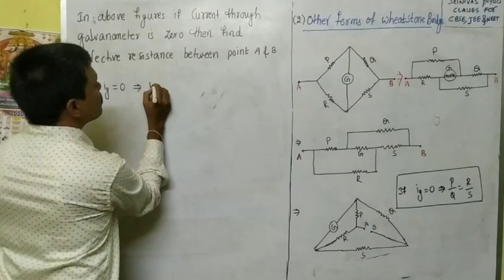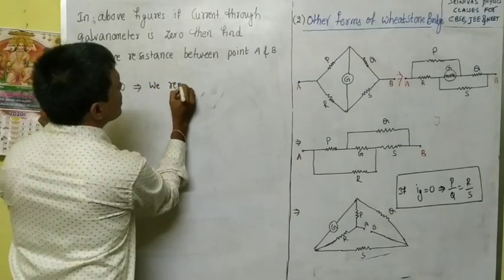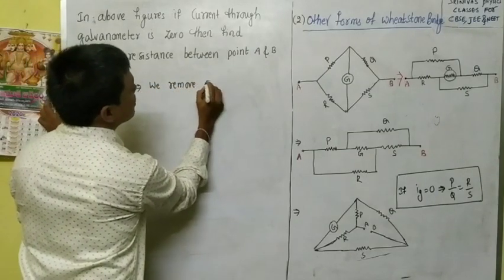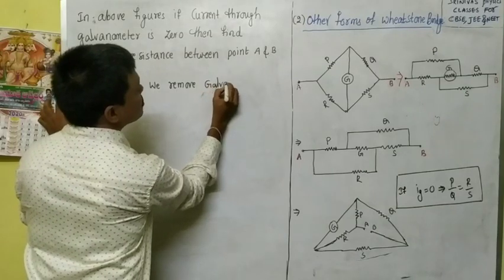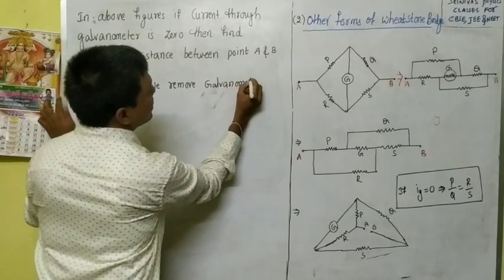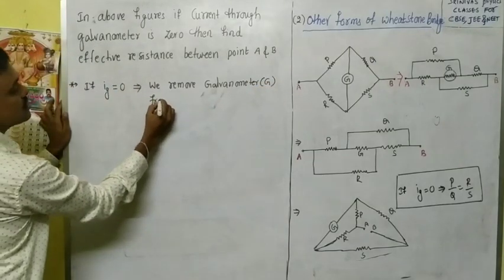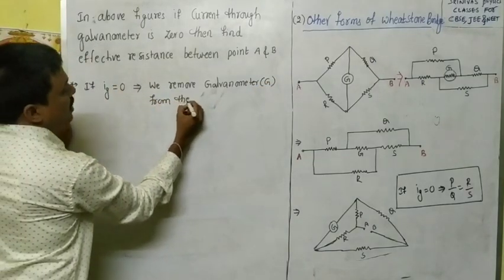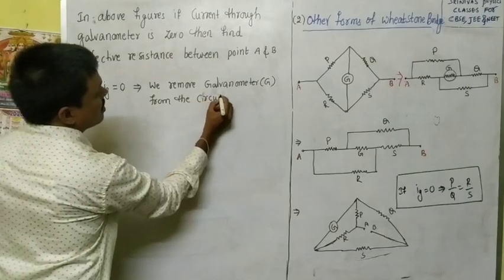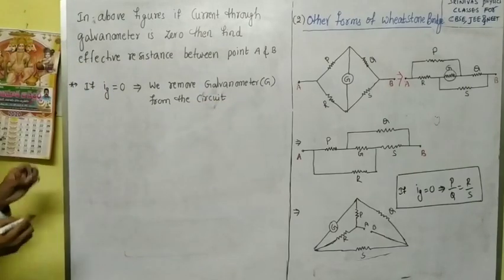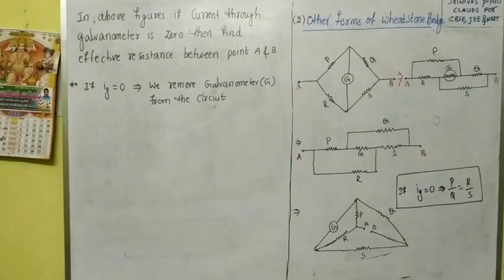We remove the galvanometer from the circuit, and let us redraw the diagram.